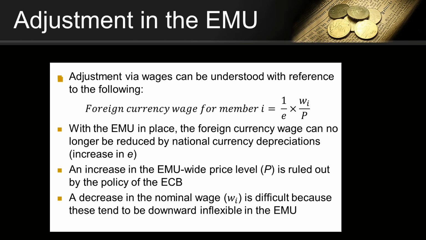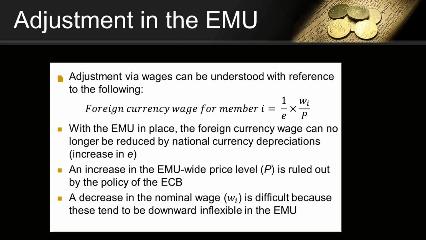The first of these potential remedies, declining wages, can in principle address the unemployment problem. It can be best understood by using the following equation. The foreign currency rate for member i equals 1 over the exchange rate times the nominal wage over the EMU-wide price level.